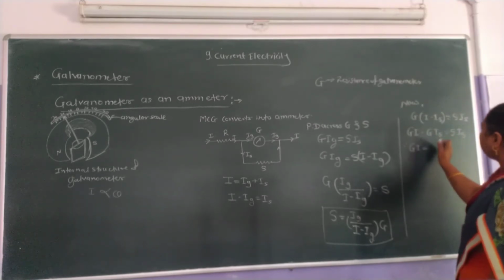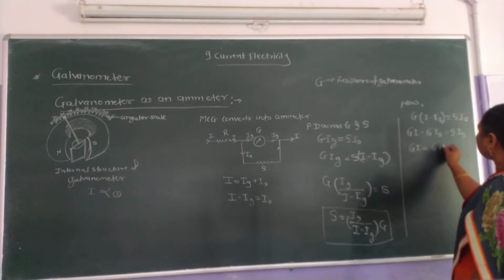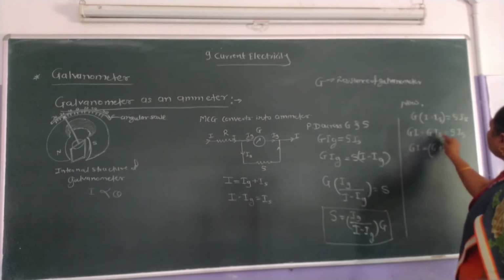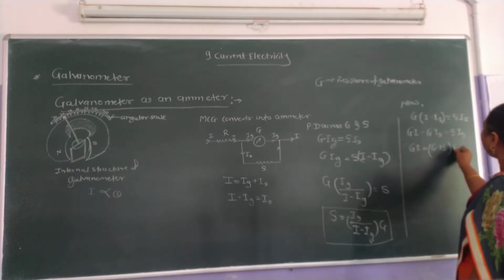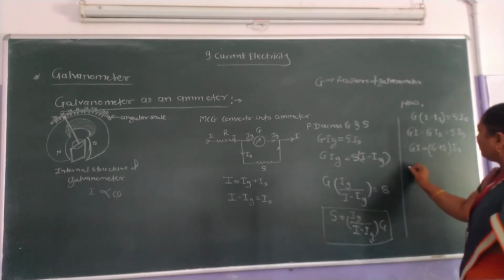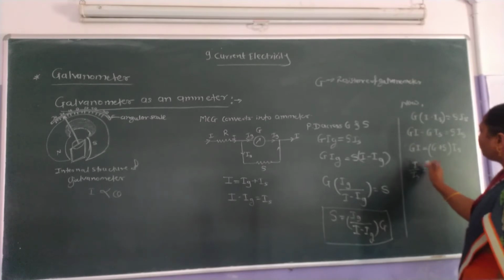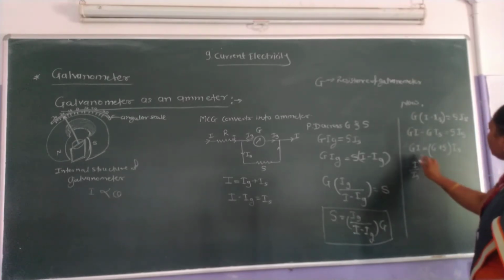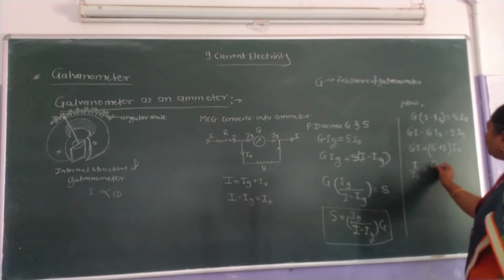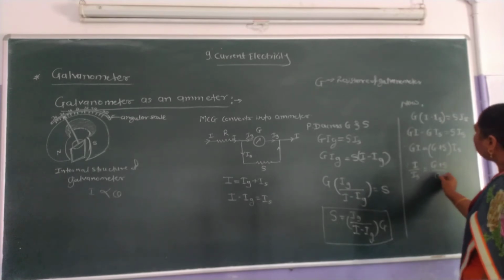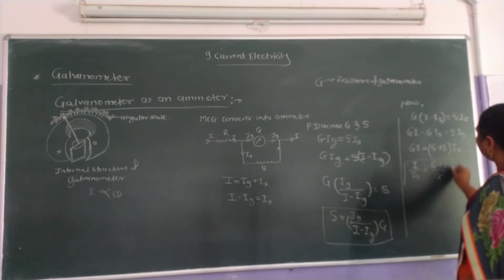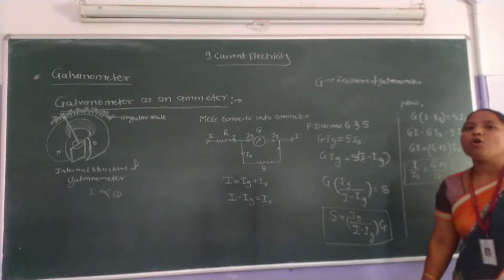Is factors G plus S into common factor Is. Therefore, I upon Is is equal to G plus S upon G. We can calculate the ratio of the current.